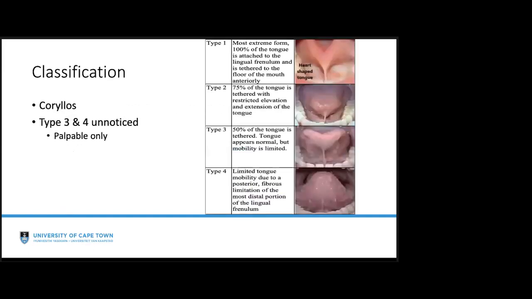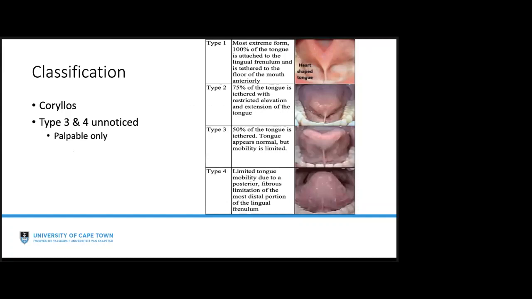The classification of tongue tie by Coryllos permits identification of tongue tie ranging from type 1 to type 4, where type 3 and type 4 frenula can sometimes go unnoticed with macroscopic examination and can only be appreciated with palpation.